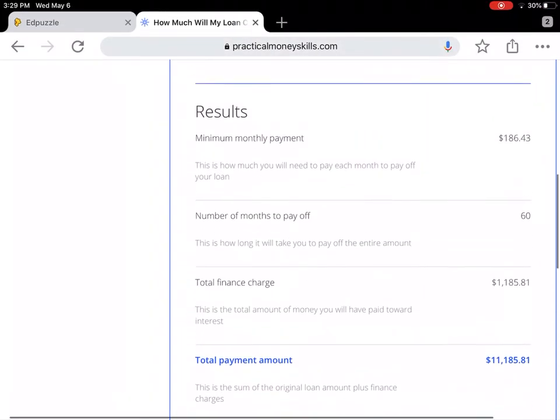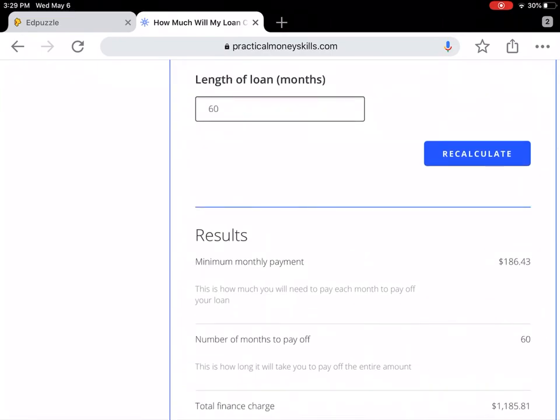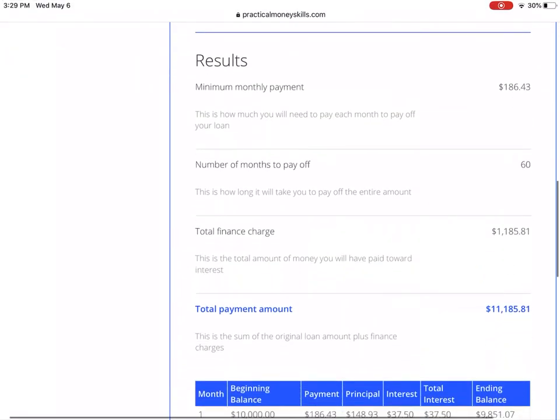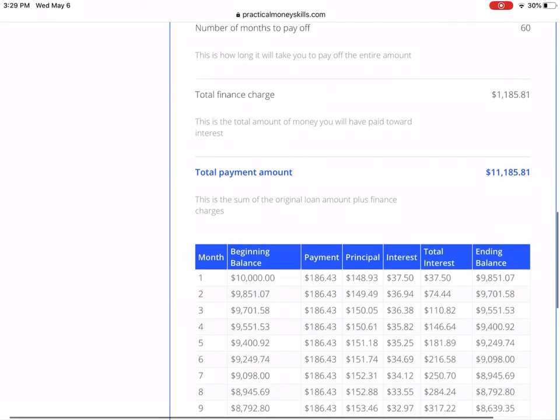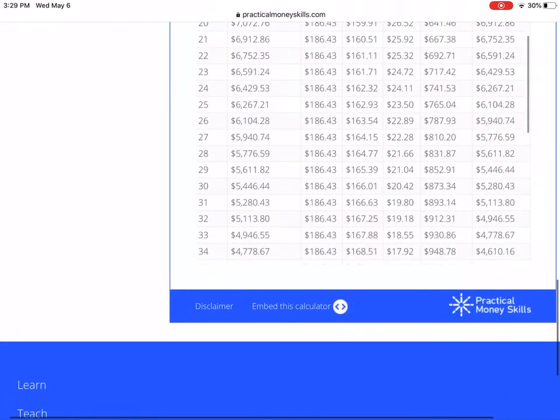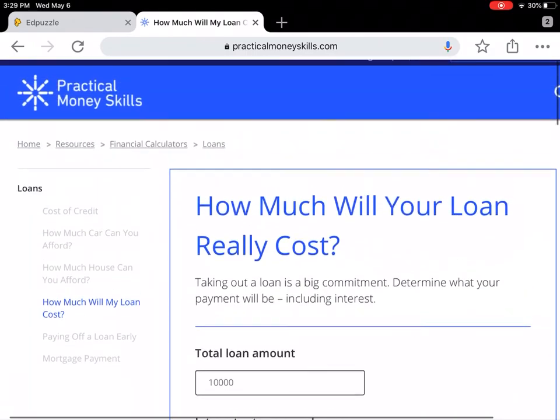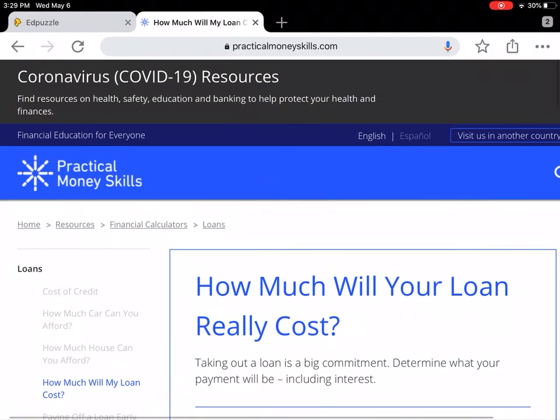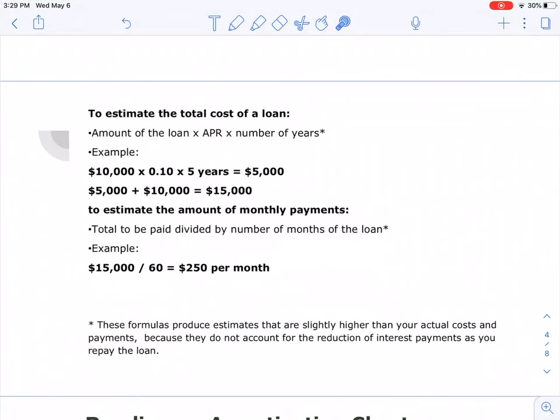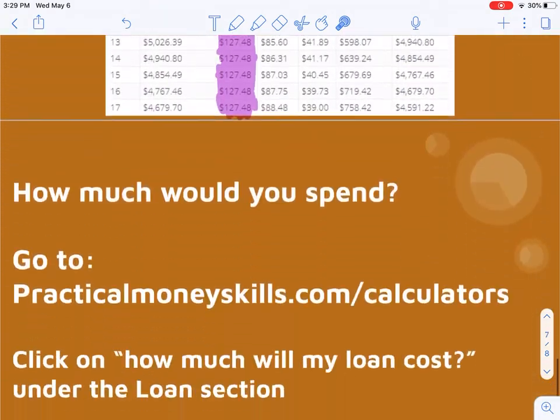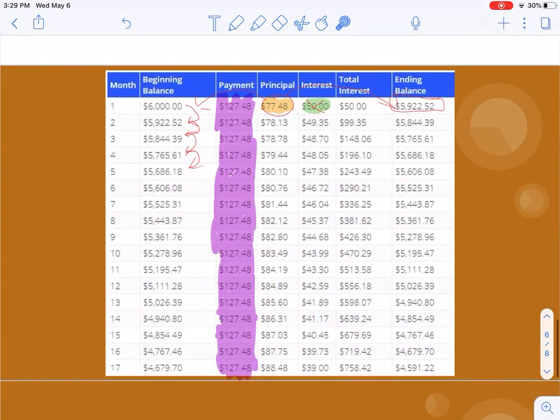Okay, so it drops it a little bit every time. Okay, it does matter. So, good stuff to know, and hopefully this was helpful, and hopefully you have a better understanding of how loans work, at least how paying loans back works.